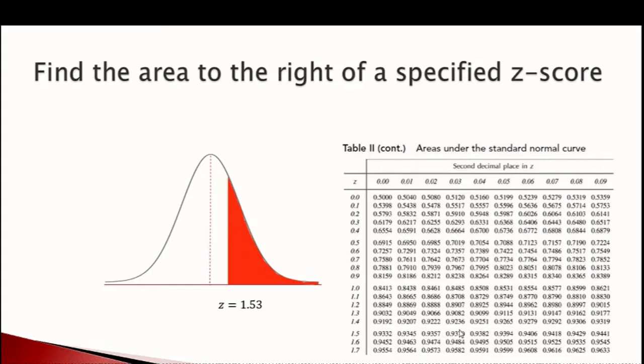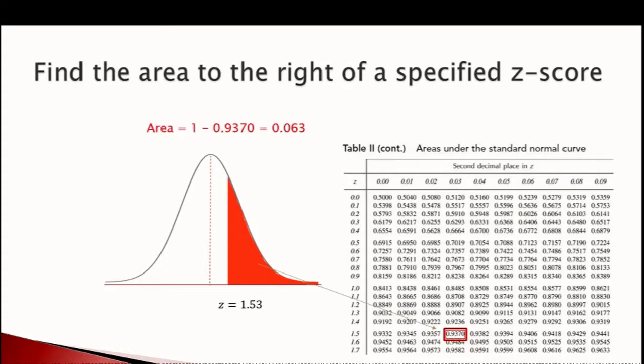I go down here, and the intersection of them gives 0.9370. But hold on, this 0.9370 is the area to the left of 1.58, or the non-shaded red area.